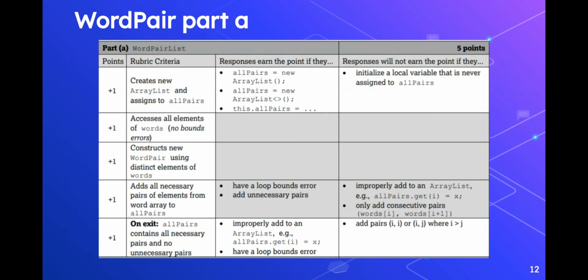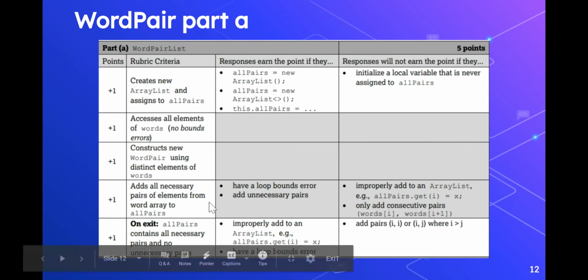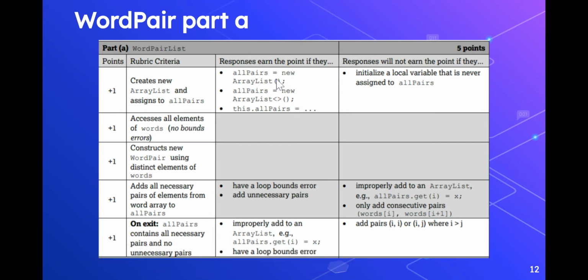So here are some extra notes. One thing they said at the first point was, do you initialize all pairs? Here are different ways of doing that. All right. So if you did not specify that these were word pair objects that you were creating, they're still going to give you the point. That's very nice of them. If you had the open and close brackets, which we've never ever done, they would give you that point.